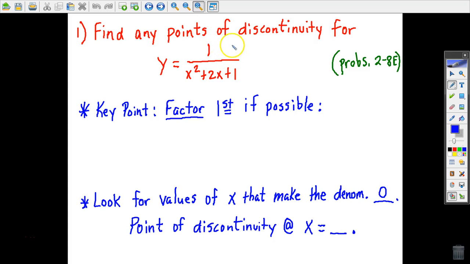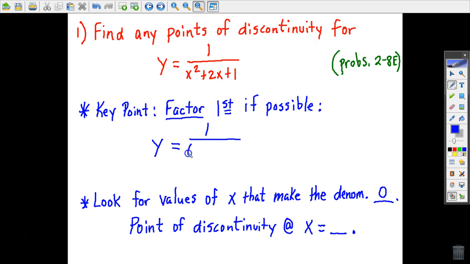When you're looking for points of discontinuity, you're trying to identify numbers that would plug in for x that would cause the denominator to become 0. So my first key point, as you can see there, is always factor if you can. That makes finding the points of discontinuity very easy.